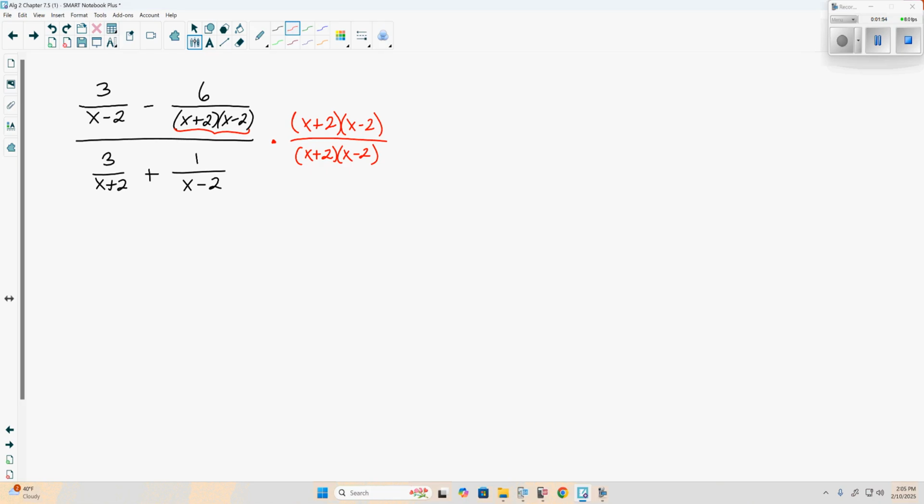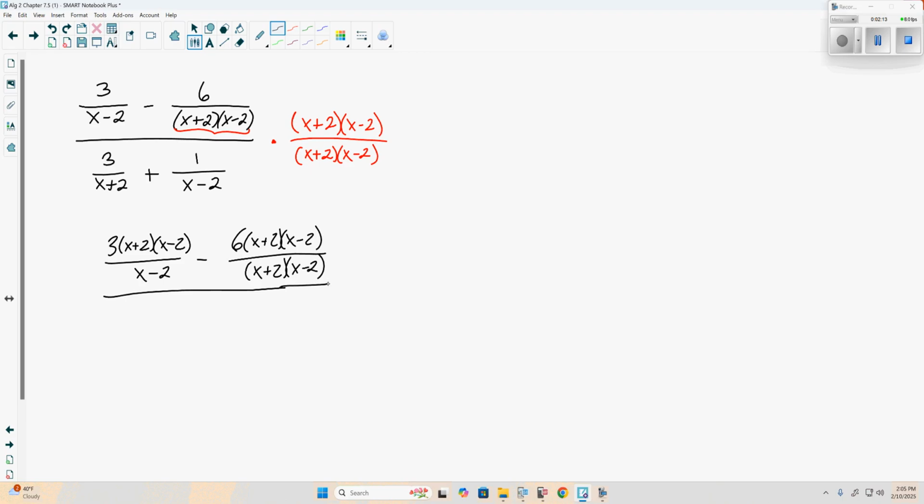Now when we multiply through the numerator, the top, we get 3 times x plus 2 times x minus 2 over x minus 2, minus 6 times x plus 2 times x minus 2 over x plus 2 times x minus 2.